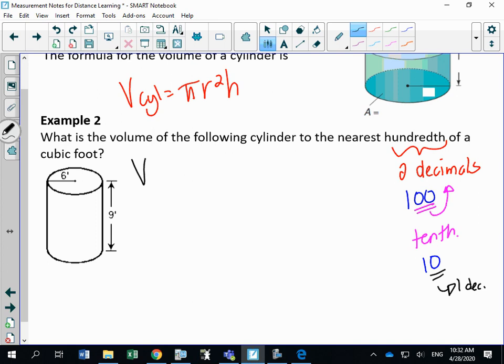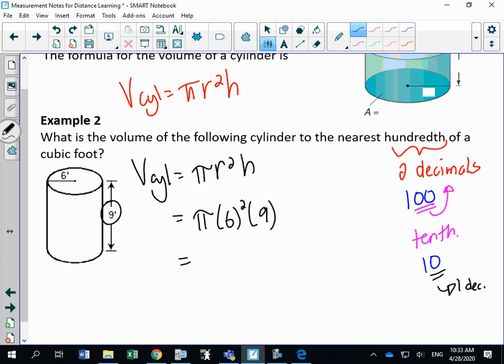Okay, volume of a cylinder, always state your formula: pi r squared times height. That is equal to pi, my radius is 6, squared, and the height is 9.